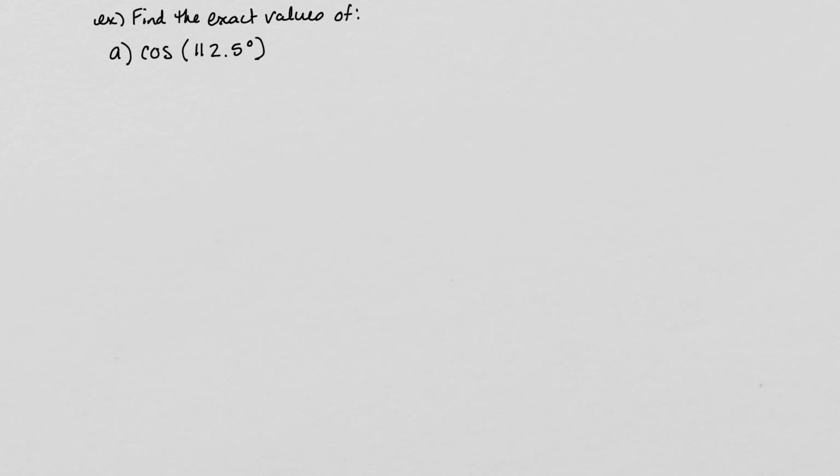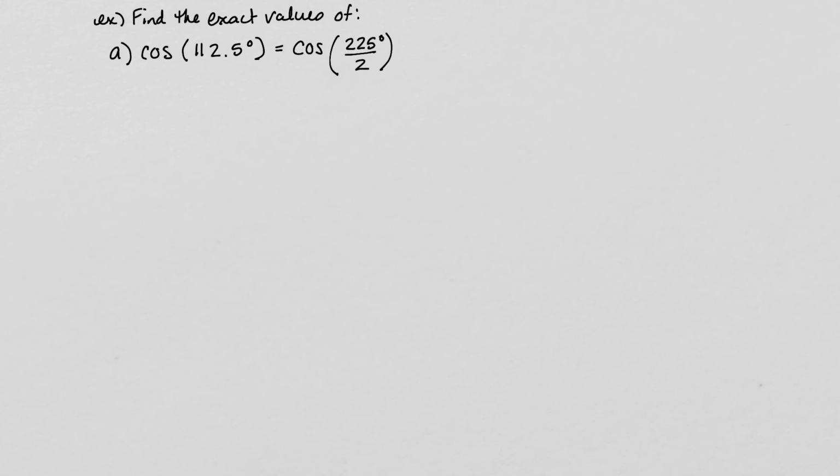And 225 does, in fact, happen to be something on the unit circle. So the cosine of 112.5 is the same as the cosine of 225 degrees divided by 2, and that's good because 225 degrees is on the unit circle.